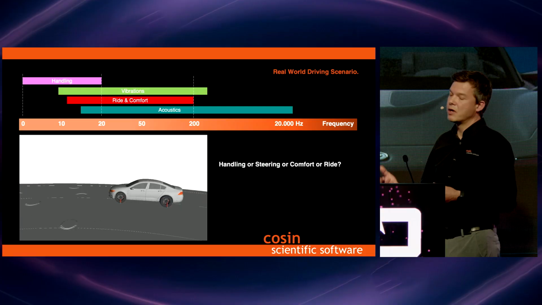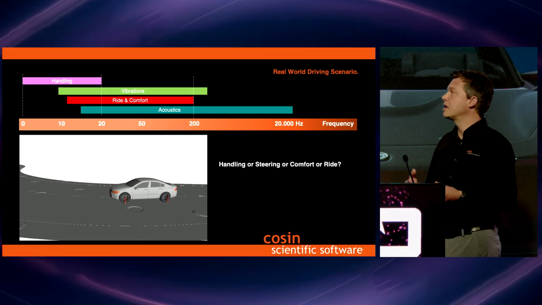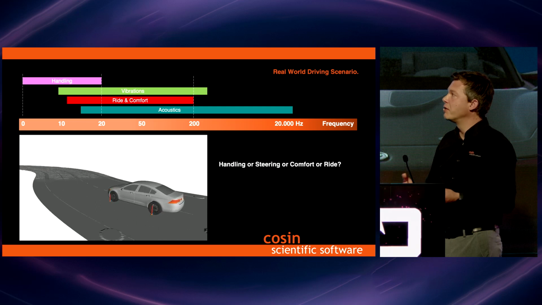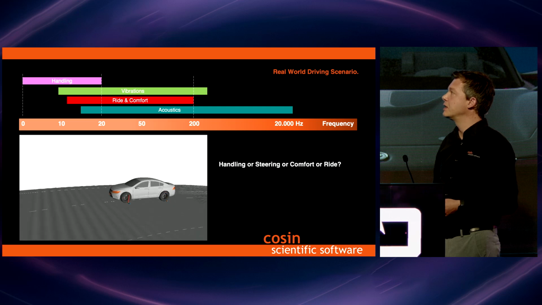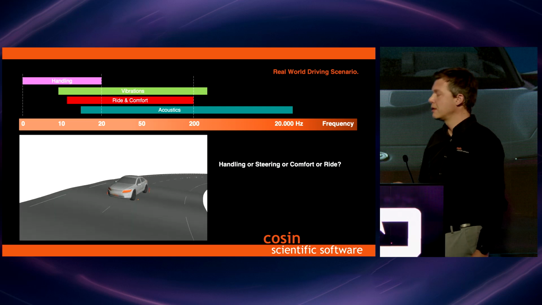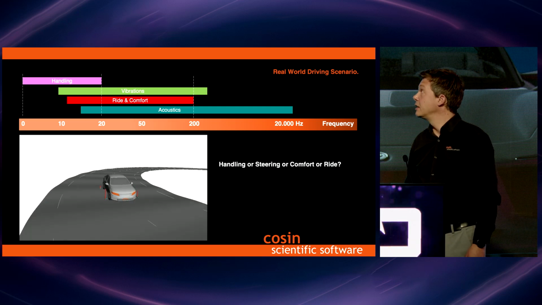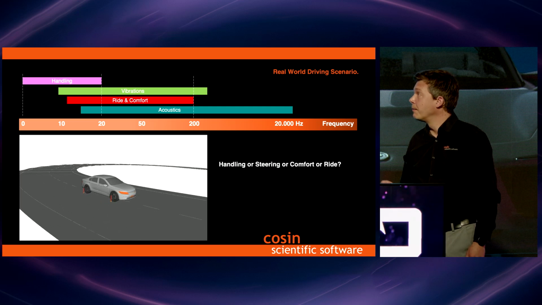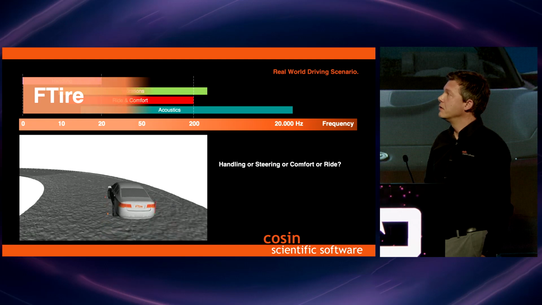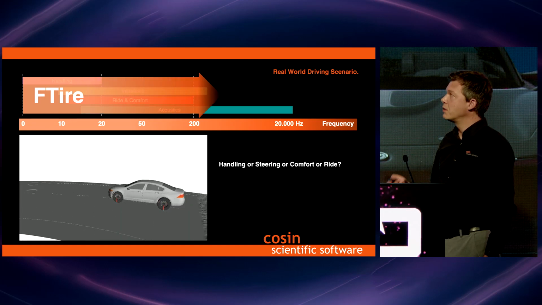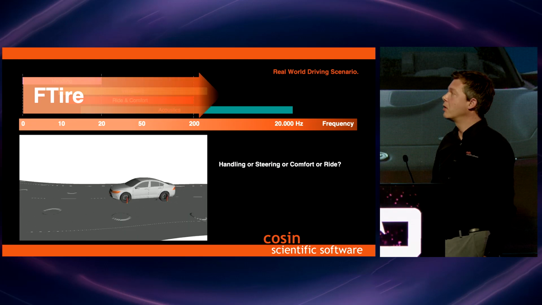And we have seen different applications. I will summarize them here with vibration application, riding comfort, and the different acoustics that need to be covered. So FTire gives you the possibility to cover all these applications with one tire model.